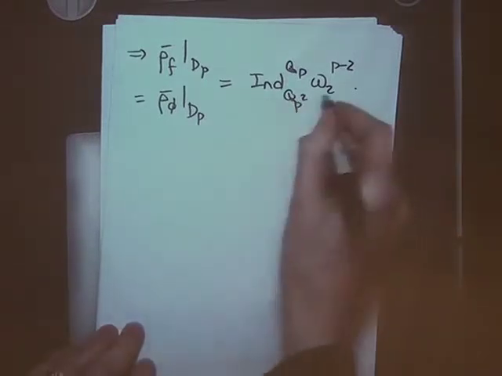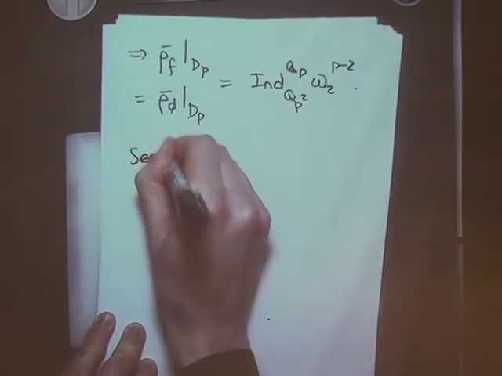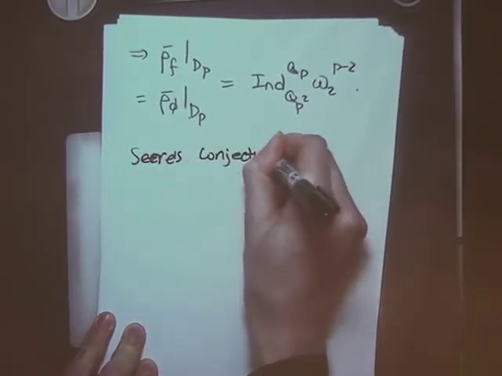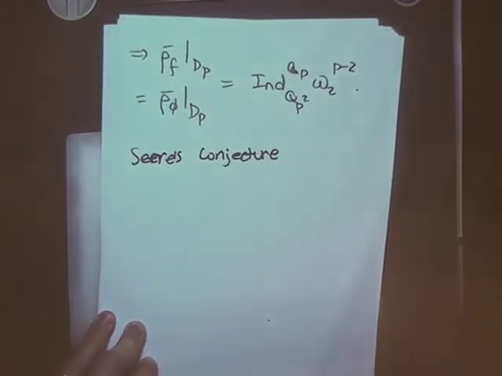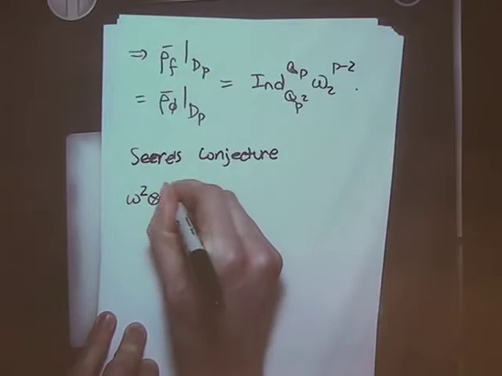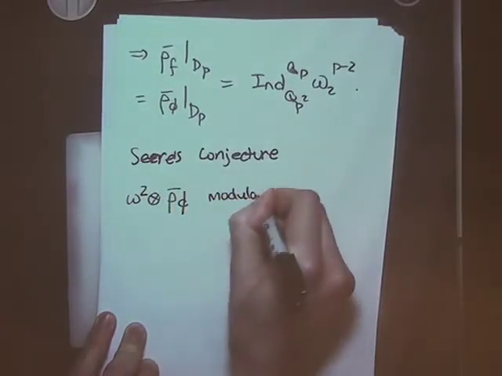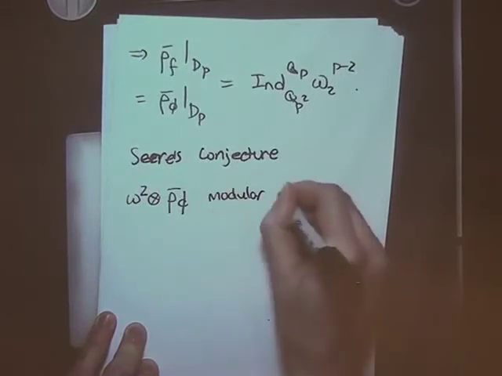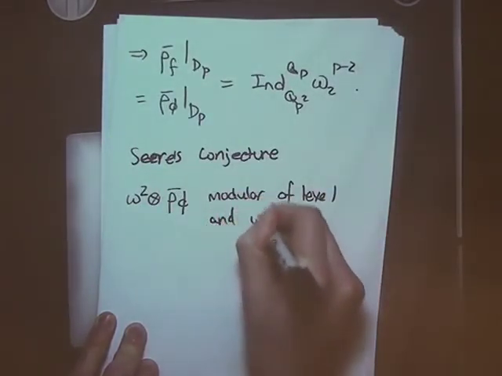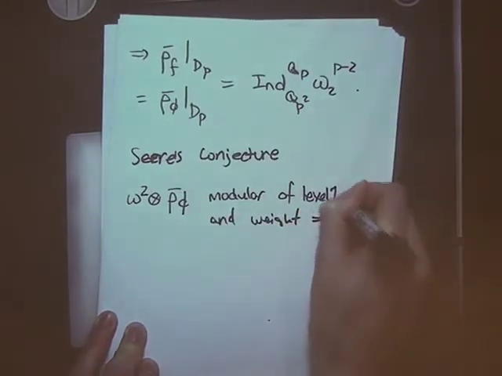And if you look at this and you take an appropriate twist, and then you apply Serre's conjecture, well, even really just the weight reduction of Serre's conjecture, you deduce the following. If you twist by the square of the cyclotomic character, this is modular of level 1, and weight 4. Okay.